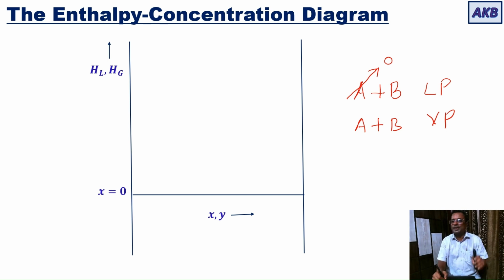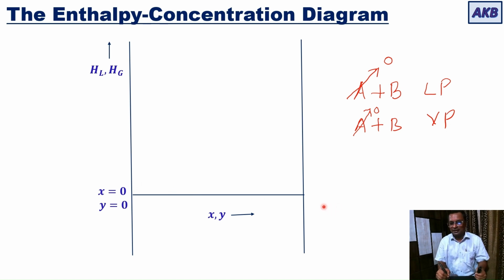That is, there is no A in the liquid phase. And if Y is equal to 0, that means mole fraction of A in the vapor phase is 0. That is, the vapor phase does not contain A in it. The point is, at this end, where X is 0 and Y is 0, it represents pure B. There is no A in the mixture at this end. So that's why this end represents pure B.